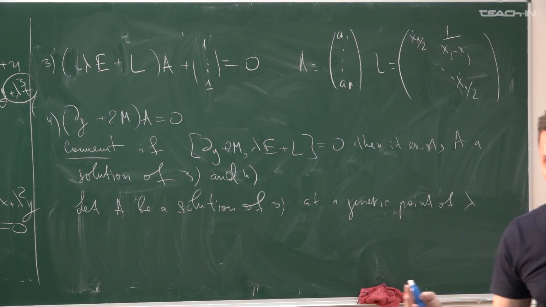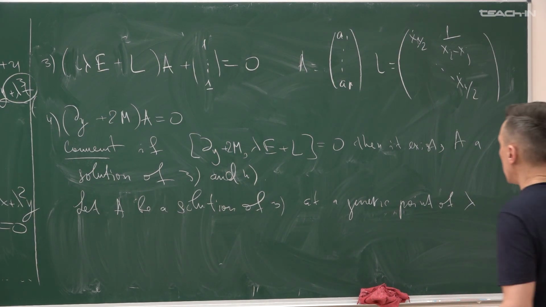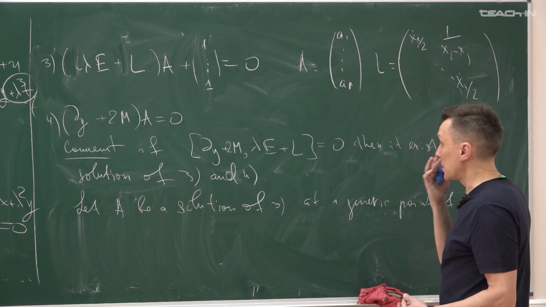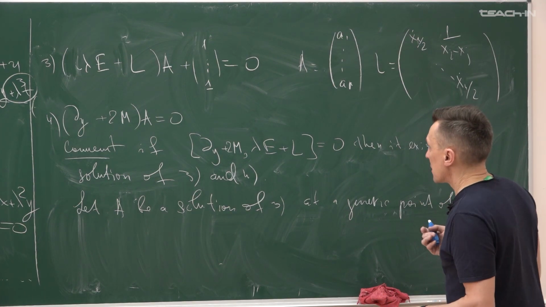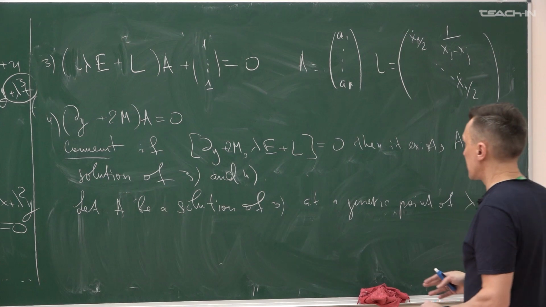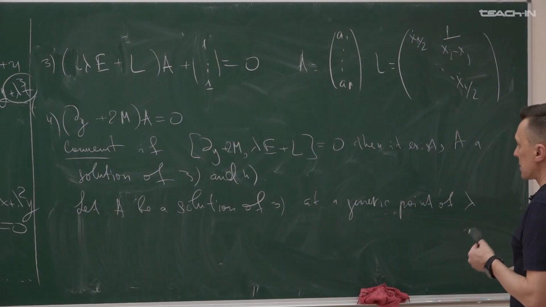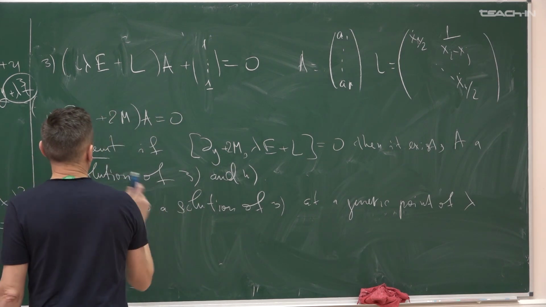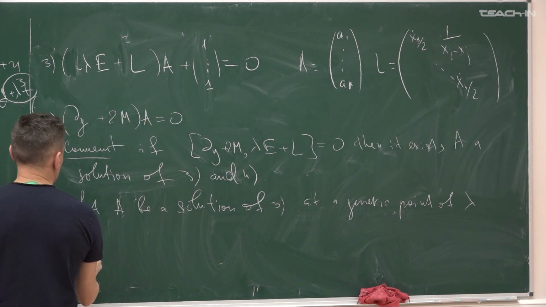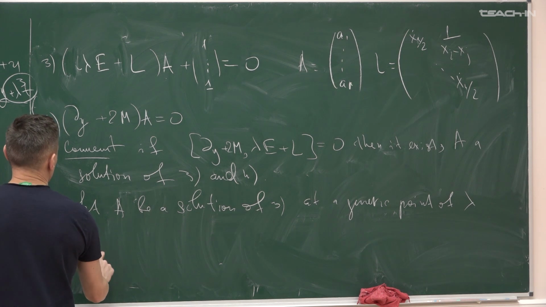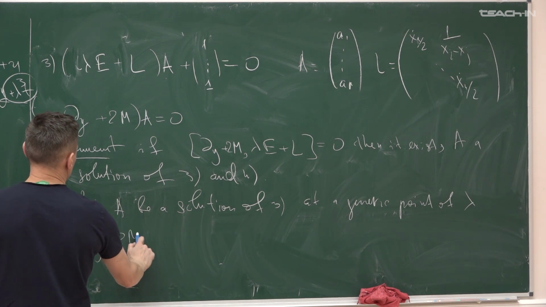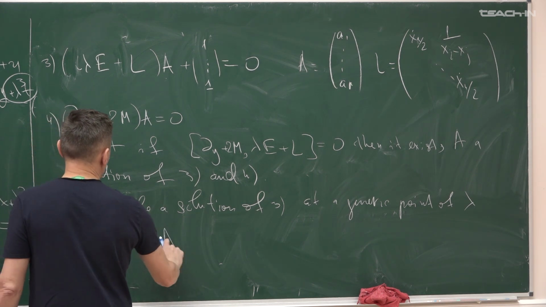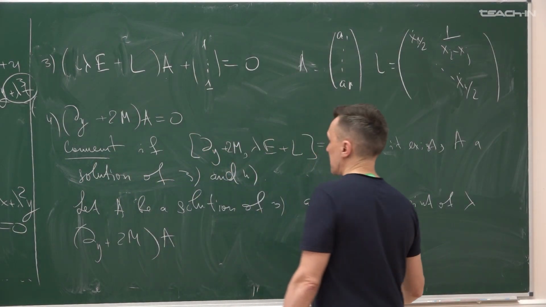So it may be some function with singularities on lambda, but it is not important. Okay, and then we apply this equation to this vector A, dy plus 2m applied to A. Just a moment.